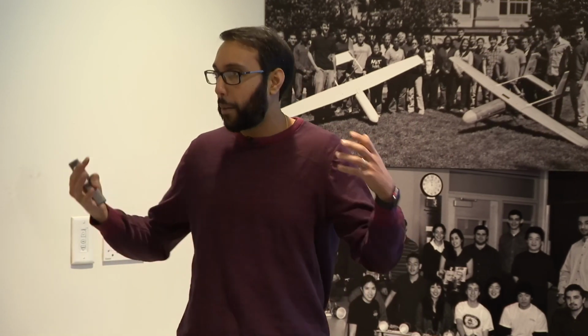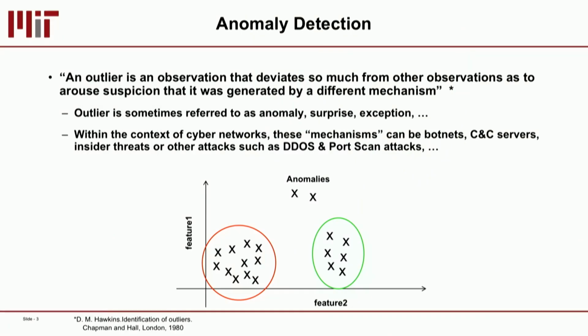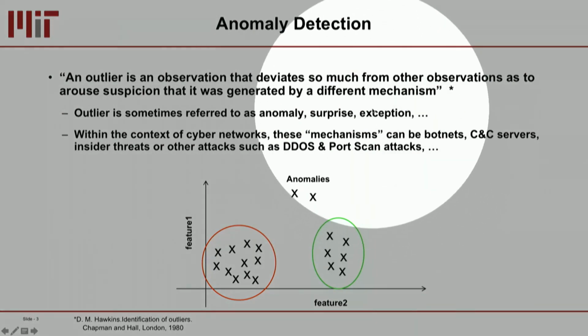We're looking for mechanisms present in network traffic that deviate so much from normal behavior that it arouses suspicion, and it could be for a variety of reasons. It could be somebody uploaded a cool video of somebody falling flat on their face, or it could be a botnet or a DDoS attack or something like that. An outlier can sometimes be referred to as an anomaly, surprise, or exception.